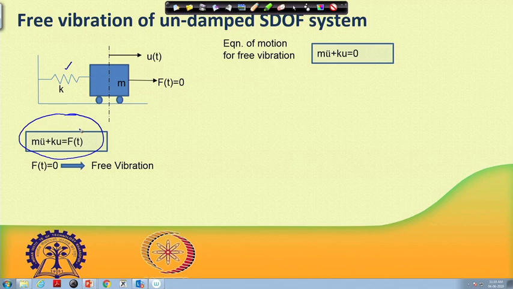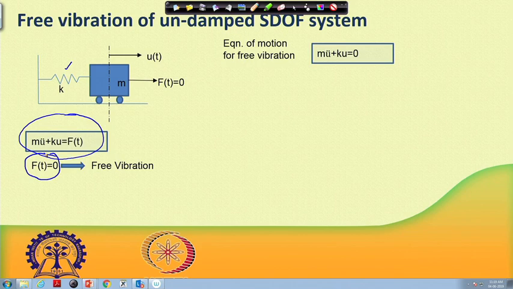In this lecture, we will talk about the case when f t is equal to 0. Therefore, there is no external force applied on the body and it becomes a free vibration problem. So, how will the system vibrate if there is no externally applied force? The vibration will happen due to some excitation in the form of initial conditions.